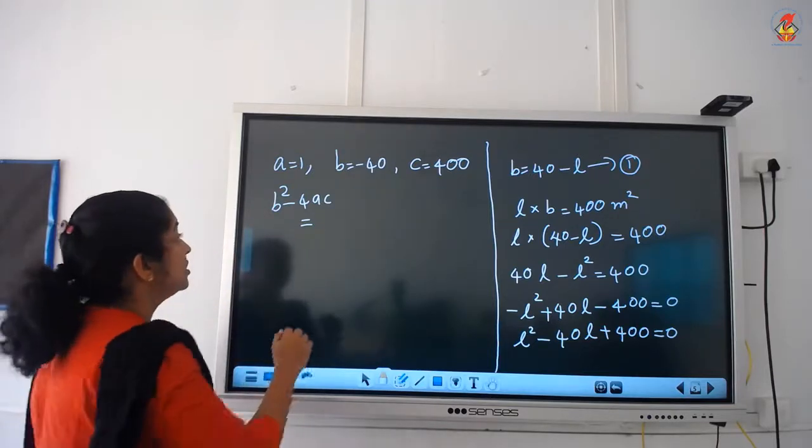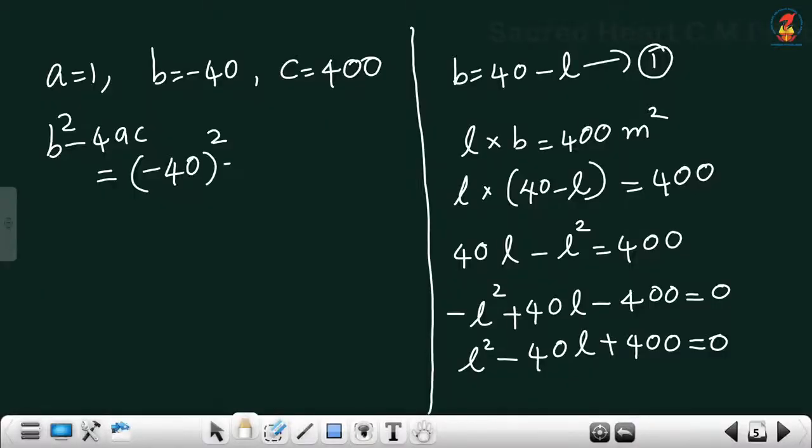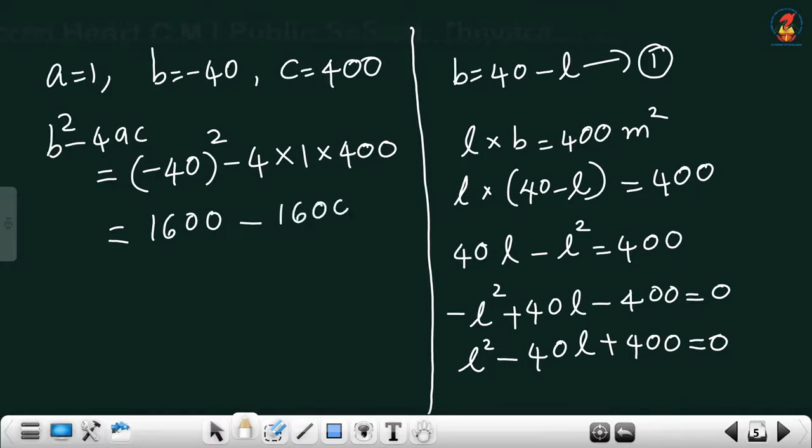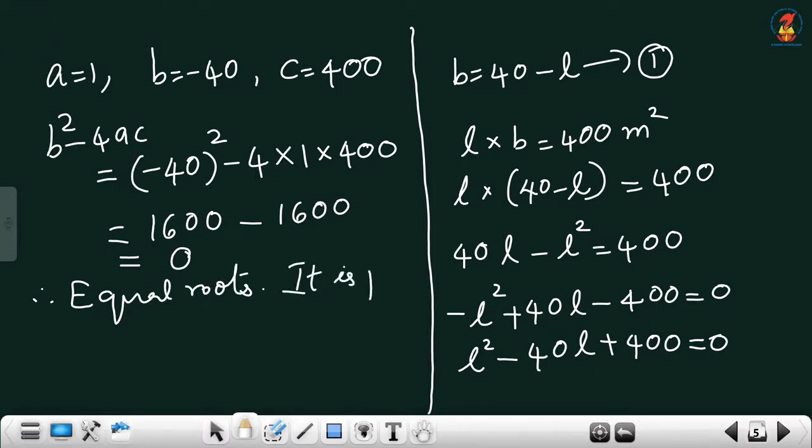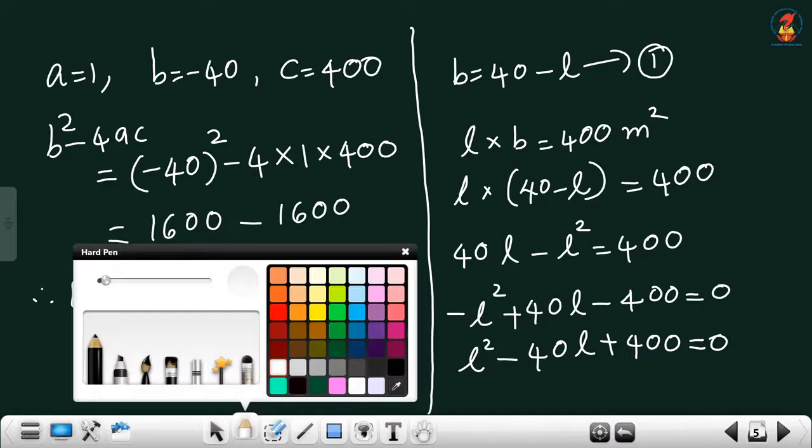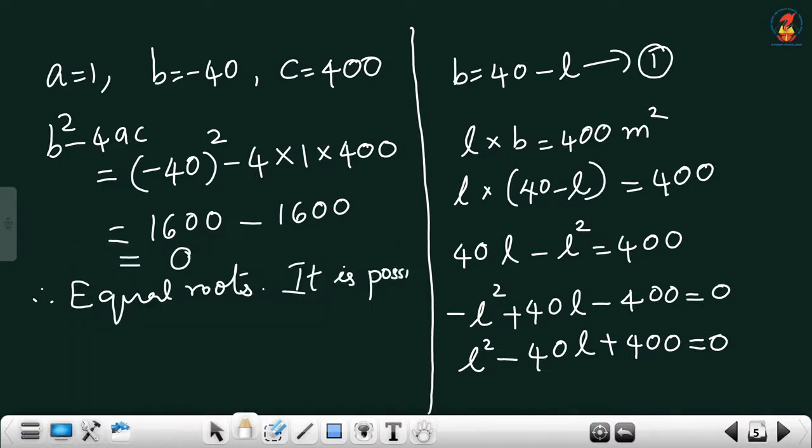So, B square minus 4AC is minus 40 whole square minus 4 into 1 into 400. So, it is 1600 minus 1600. So, it is equal to 0. Therefore, this has equal roots, it is possible.